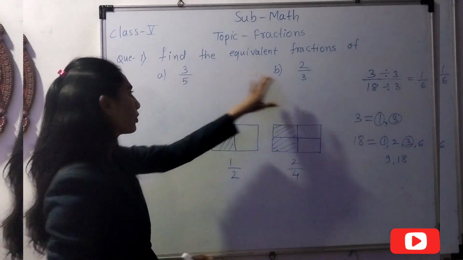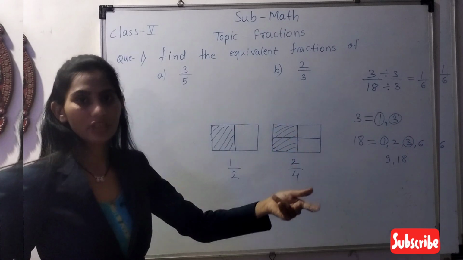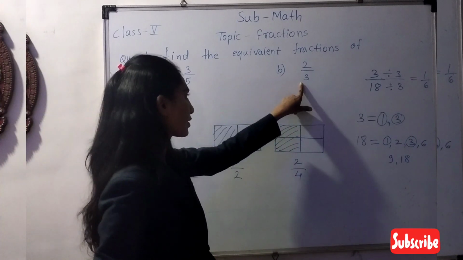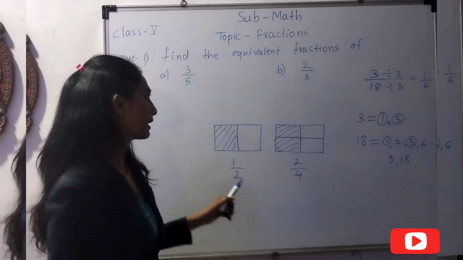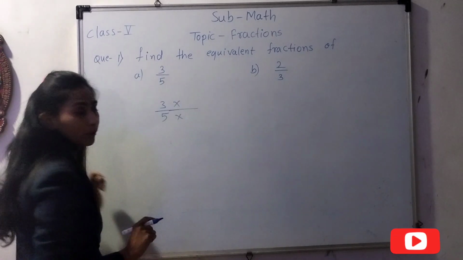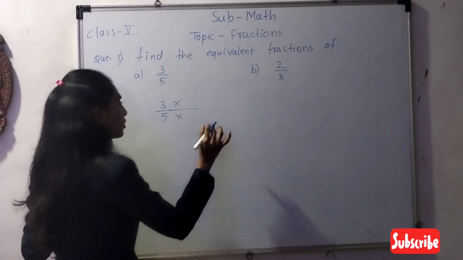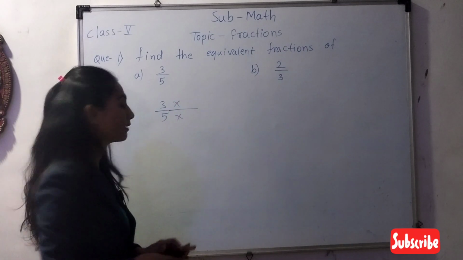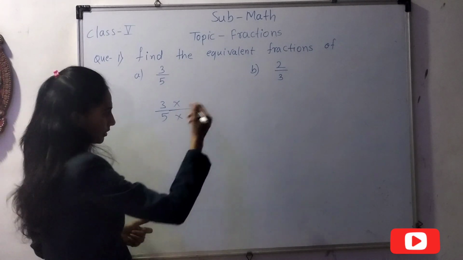So now we are going to find it for these two numbers. We can do it only by multiplication. We can find the equivalent fraction of these two numbers by multiplying both numerator and denominator by the same number. That number should be the same while multiplying the numerator and denominator. मतलब ऐसा नहीं करना कि numerator को अलग number से multiply कर दिया और denominator को अलग number से multiply.